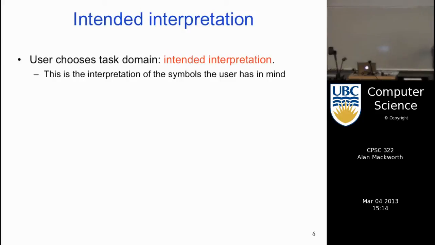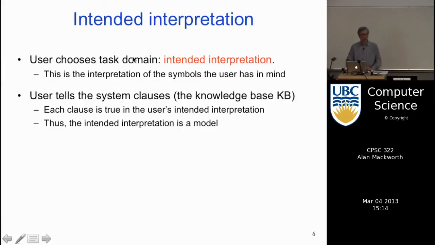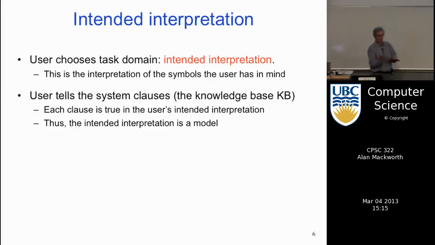It might as well be Q or P or R or anything else. There's no semantics inside the computer yet, so that's imposed on it from outside. Of all the possible interpretations, some of them will be models, and of those models, one will be the intended interpretation. That's the one you're thinking about.